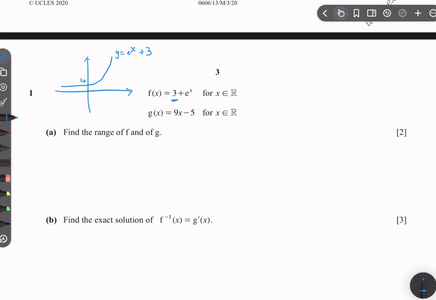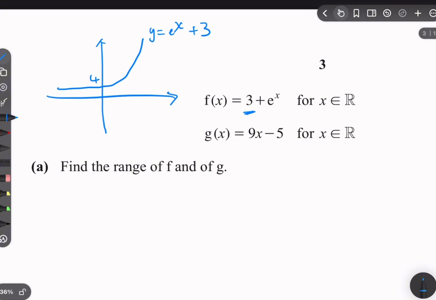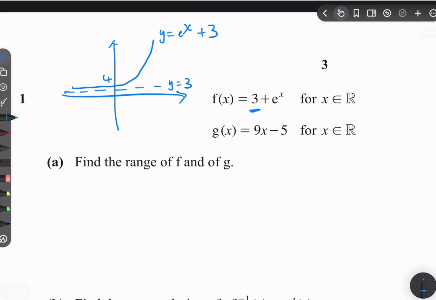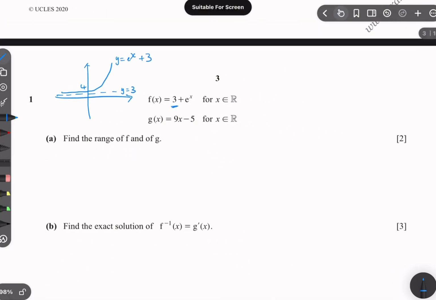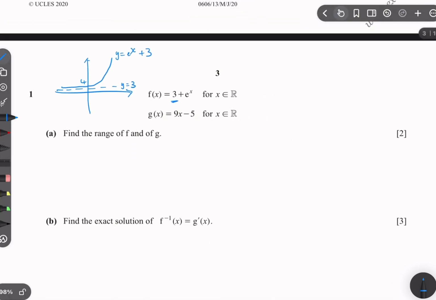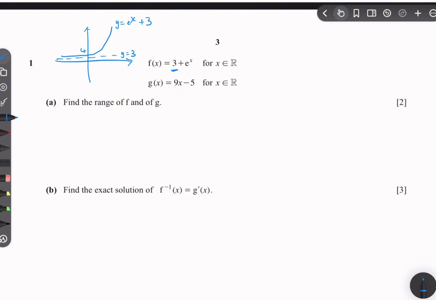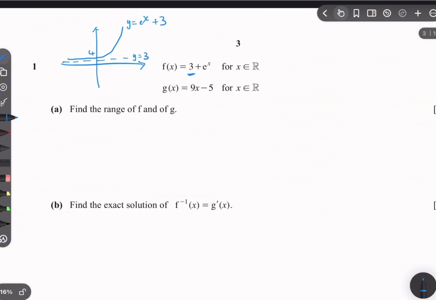From y equals 0, we add 3, which will be y equals 3 as the line of asymptote. So the range refers to all the y values, so the range of f will be f is larger than 3.